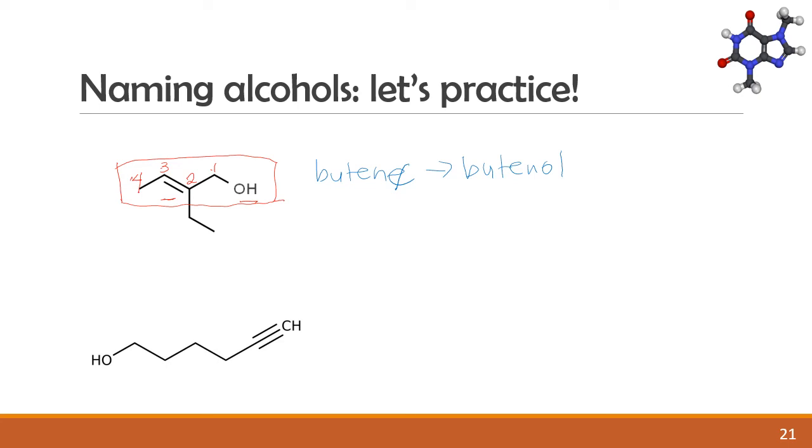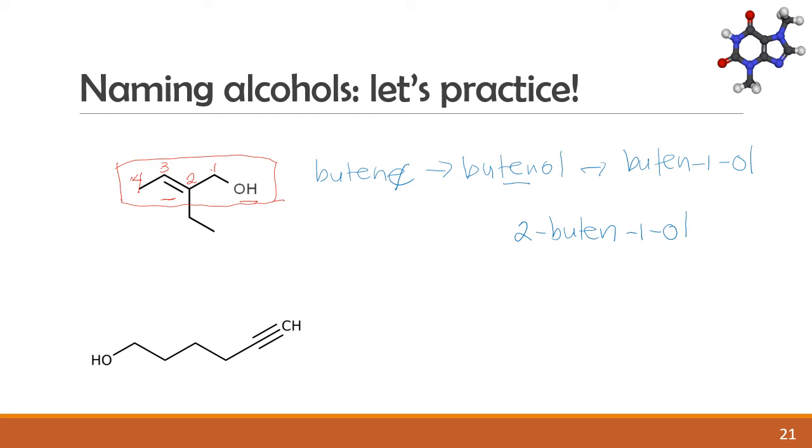The hydroxyl group is attached to carbon 1, so we change the name butenol to indicate this position: buten-1-ol. The double bond is located in C2, and we also need to indicate this in the parent chain name. So the parent chain name is 2-buten-1-ol.